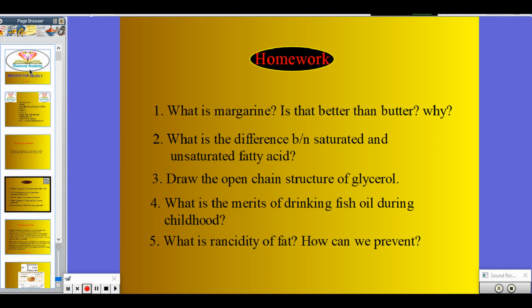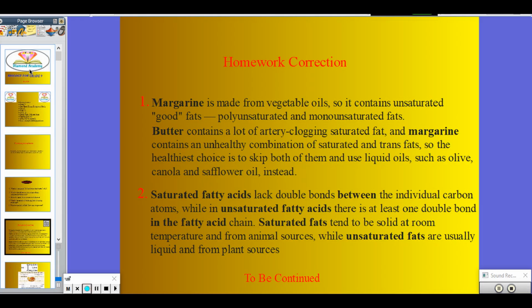When it comes to the corrections of the homework of the previous lesson, question number 1: what is margarine, and is that better than butter, and why? Margarine is made from vegetable oils, so it contains unsaturated good fats, polyunsaturated and monounsaturated fats.